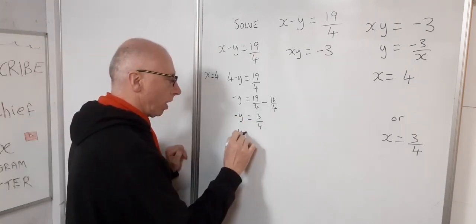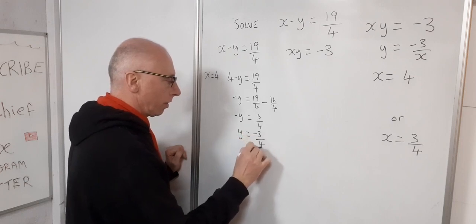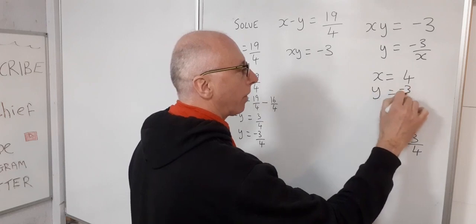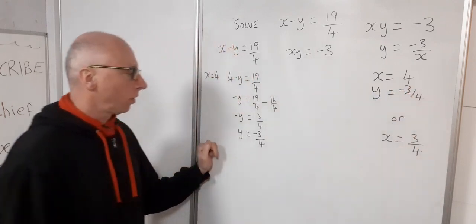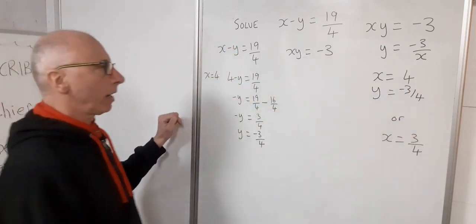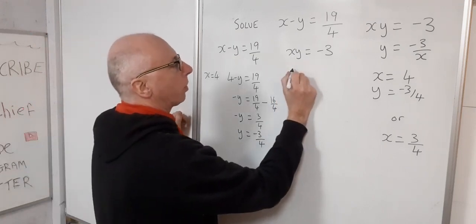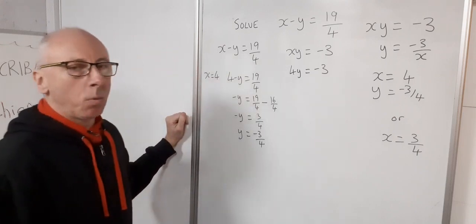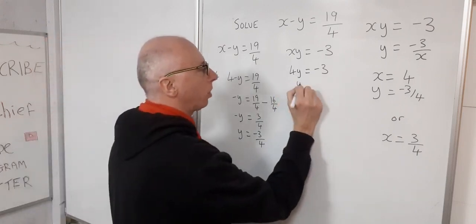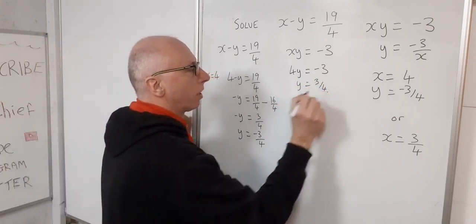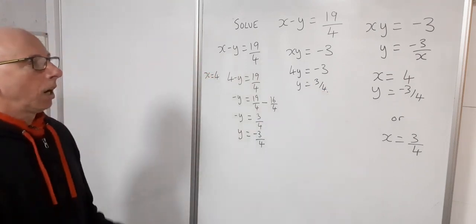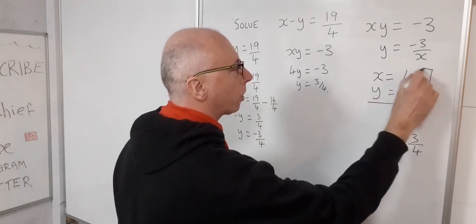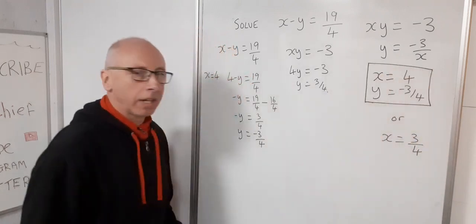So therefore y equals minus 3/4. So let's put that there as my value to go with x equals 4. Let's just check it on here as well. So I've now got x is 4, so 4y equals minus 3. Get my y on its own, divide by 4, y equals minus 3/4. Okay, that checks out, that's good. So x equals 4, y equals minus 3/4. That's my first set of values.